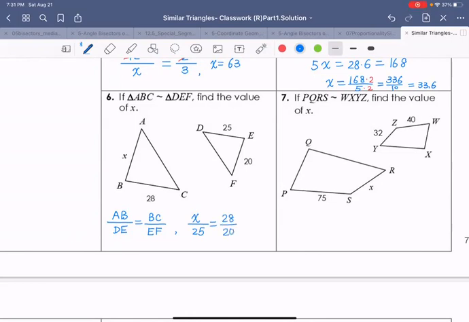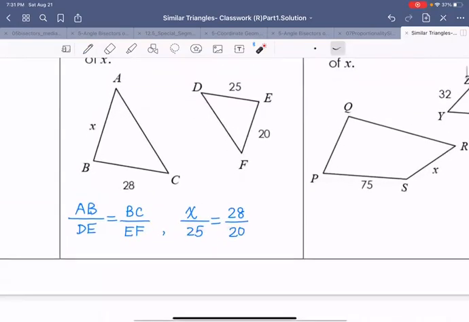28 over 20. When we have this, I would like to do the simplification first, okay? When we do those calculations, if we can simplify the bottom together, we do it. If we can simplify the right together, we can do it. If we can simplify the left, we can do it. If we can simplify the top together, we can also do it, okay?